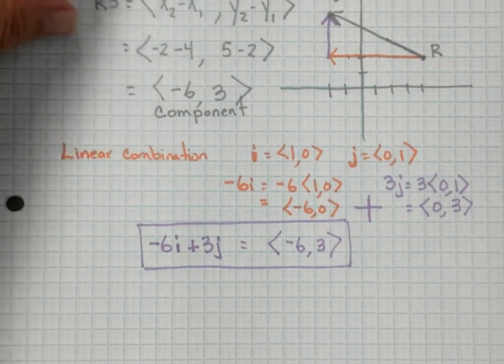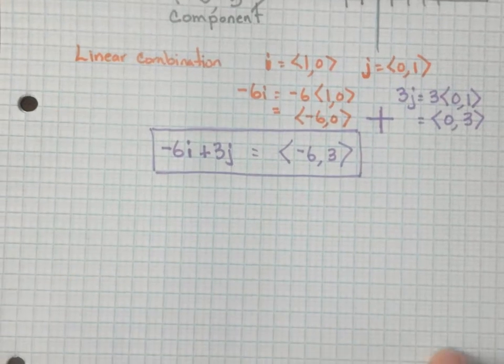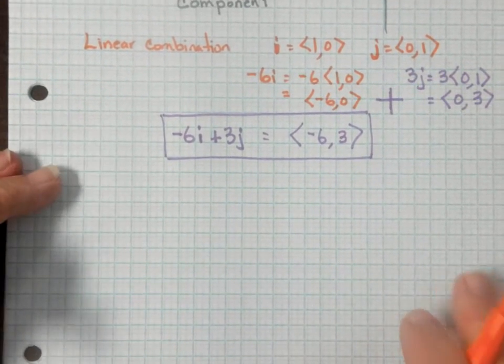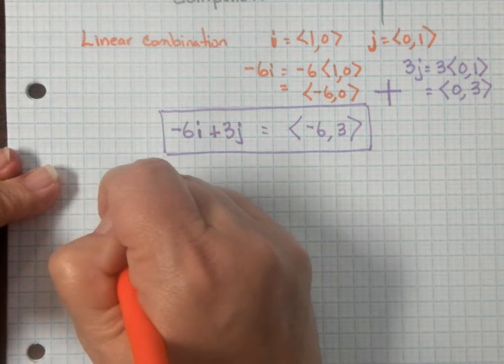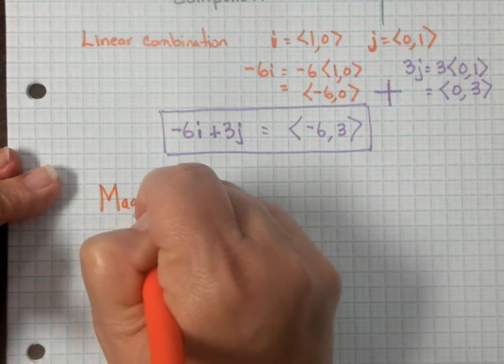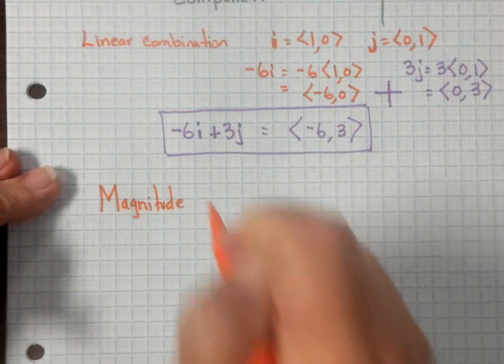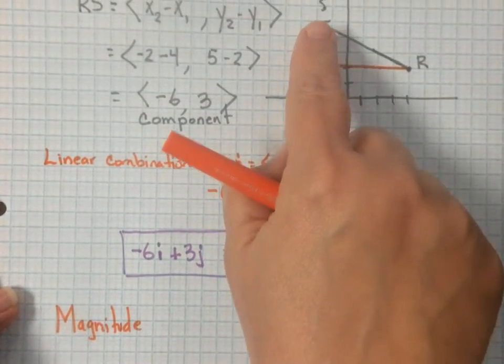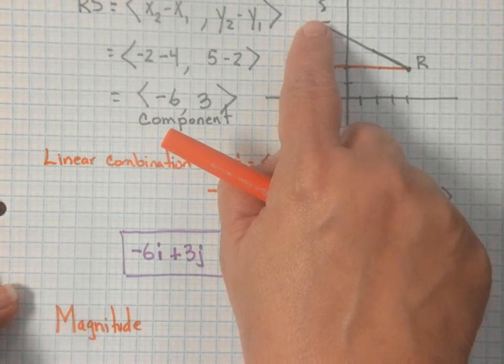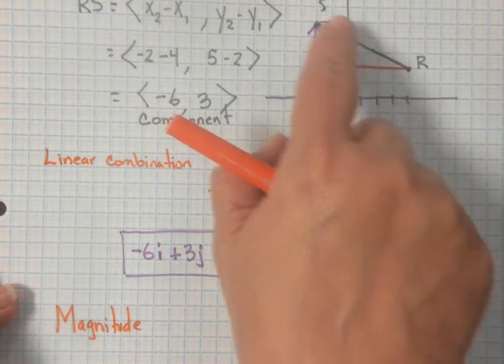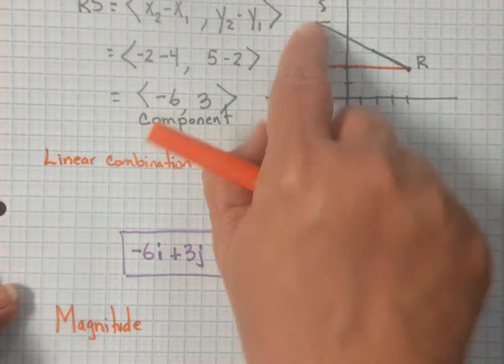All right, another thing we have been over already and practiced quite a bit, but it's on Look It, so I want you to get your questions right, is finding the magnitude. So the magnitude is the length of this vector. You could think that's the distance from R to S, so you could use the distance formula.